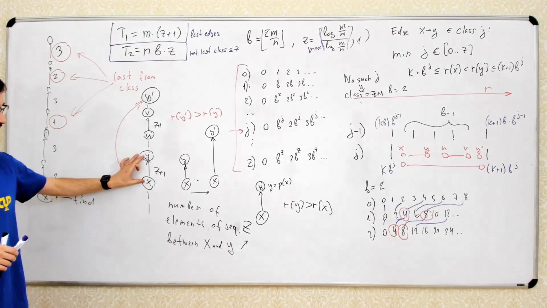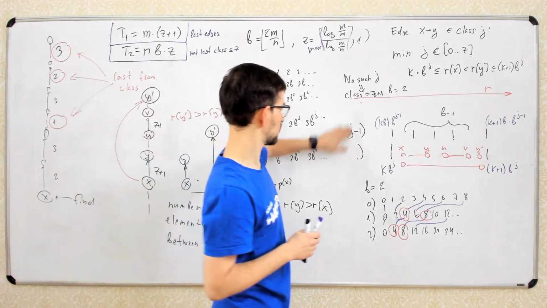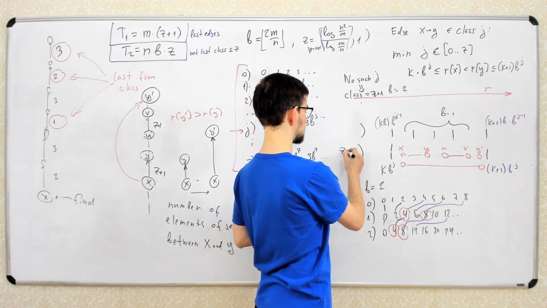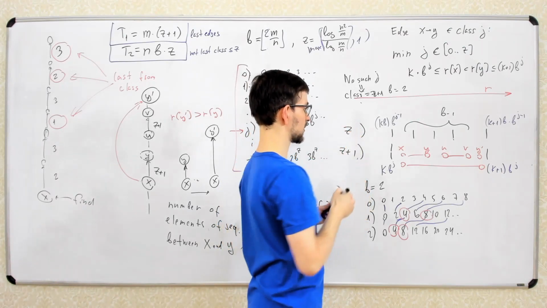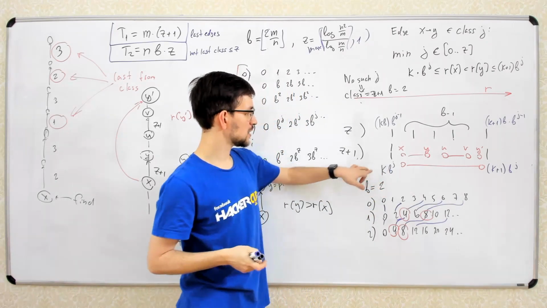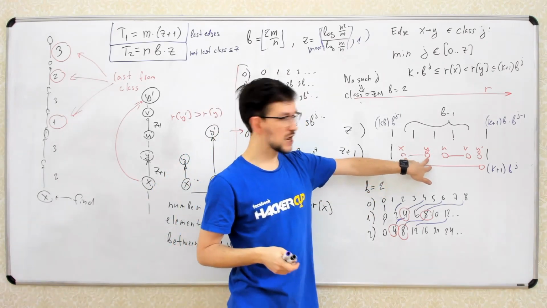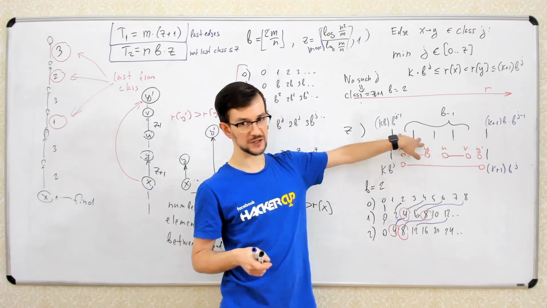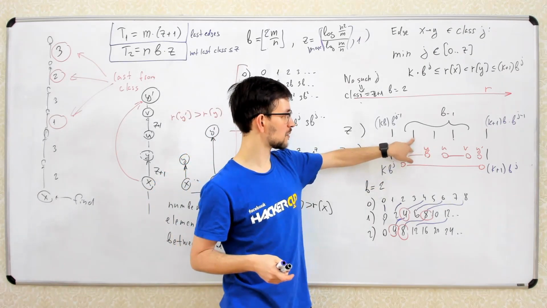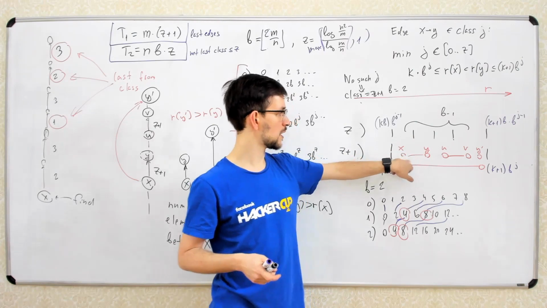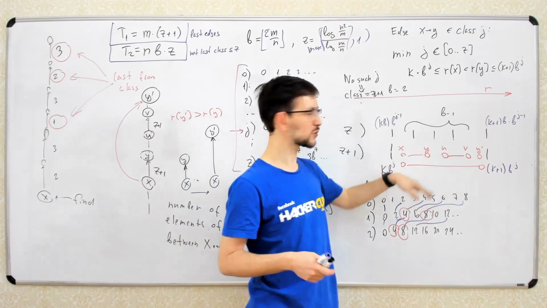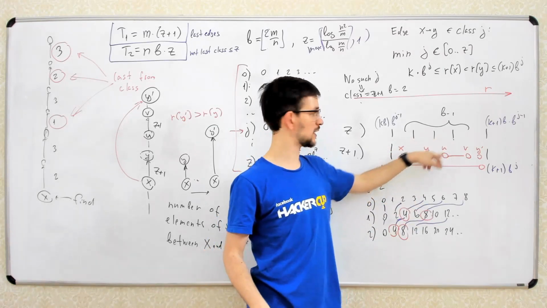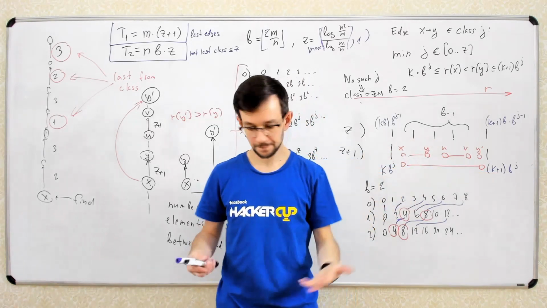So if this edge xy is in class z plus 1, it means we cannot fit it in class z. So in class z, there is some value between x and y, and also between u and v. So after we apply path compression, there will be two values in sequence z between x and y.